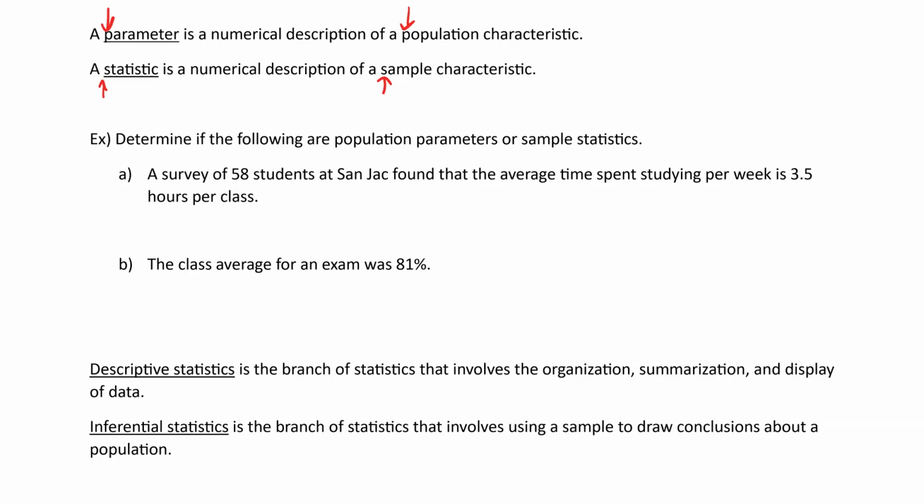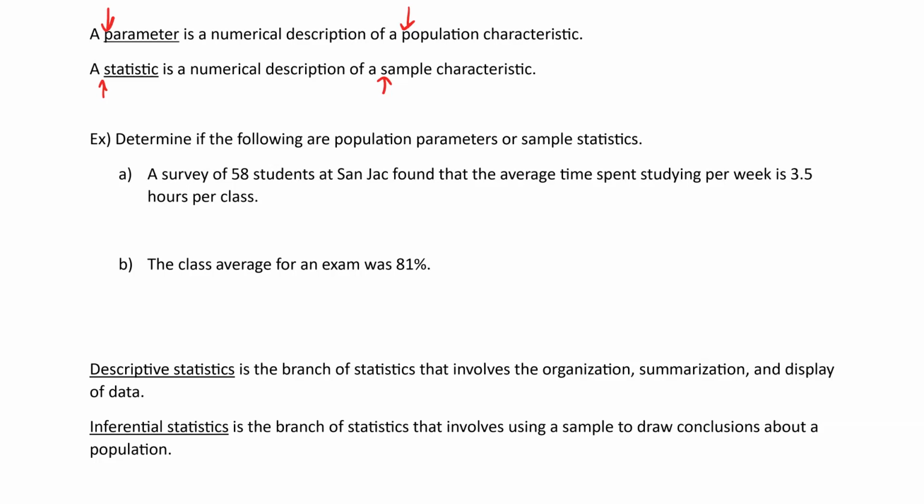So a couple of examples here. Determine if the following are population parameters or sample statistics. For part A, a survey of 58 students at Sanjak found that the average time spent studying per week is 3.5 hours per class.